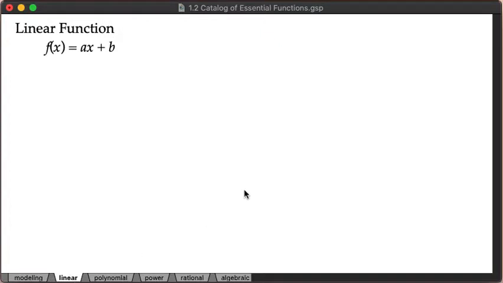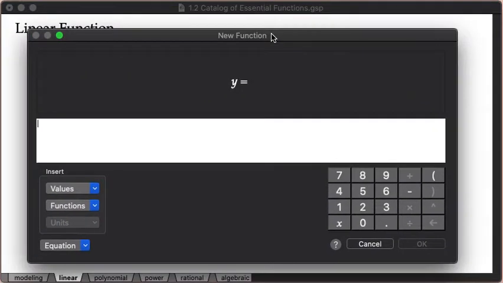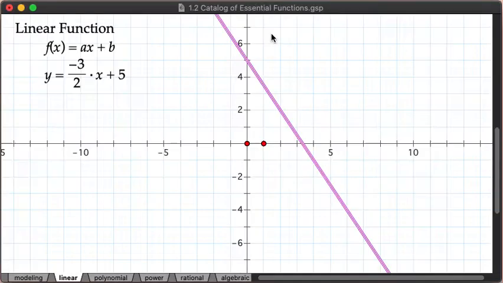Okay. So linear functions are functions of the form ax plus b. If you graph a function like this, let's see, I'm going to graph something like negative 3/2 x plus 5.